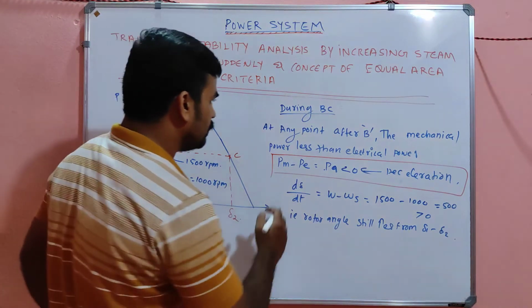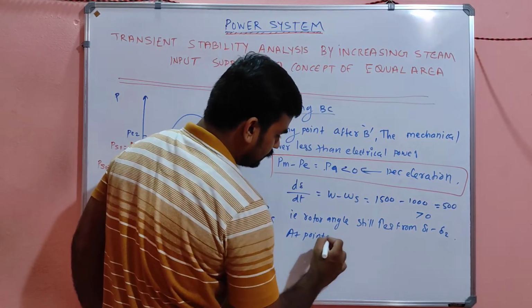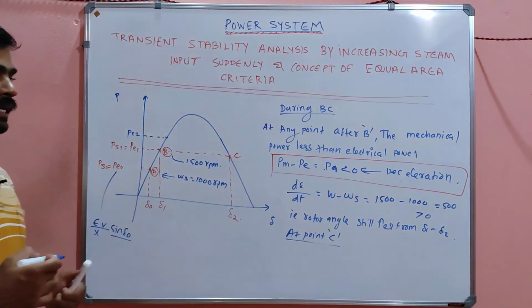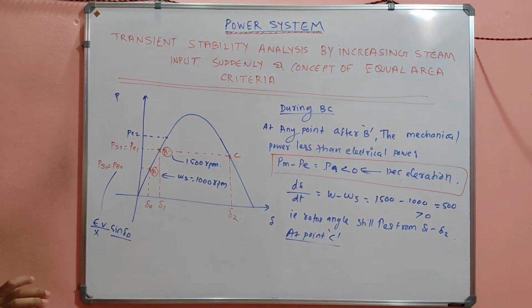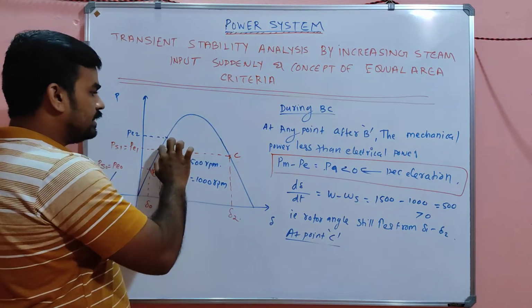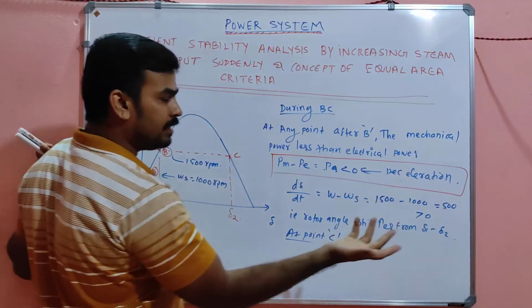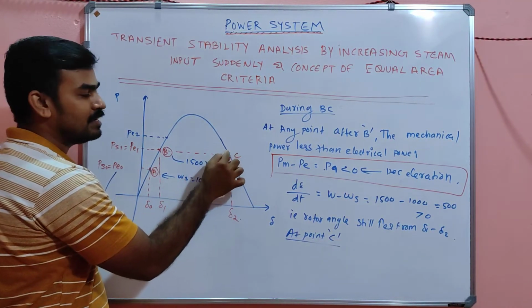And at the point C, what happened? At the point C, it comes like this, because this region is a deceleration. During BC there is deceleration, so it is continuously decelerating. The power is reducing.